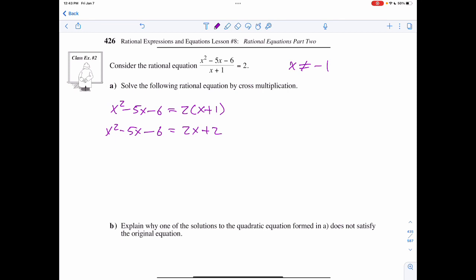Because it's quadratic, I'm going to move everything to one side. So I'm going to subtract 2x and subtract 2 from both sides and get x squared minus 7x minus 8 is equal to 0.